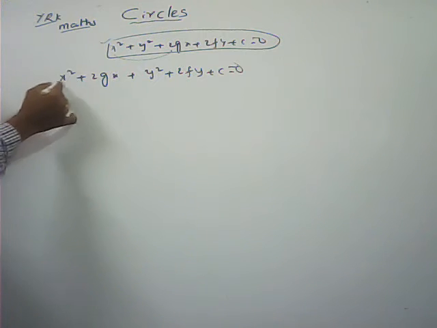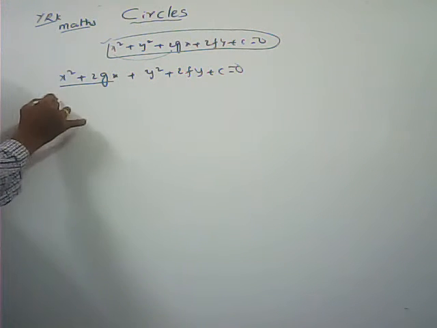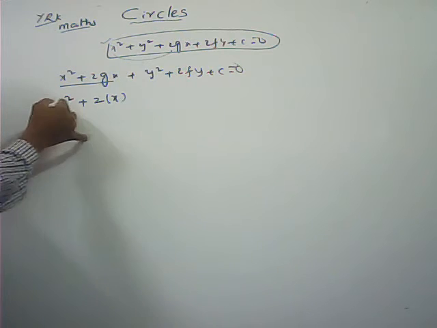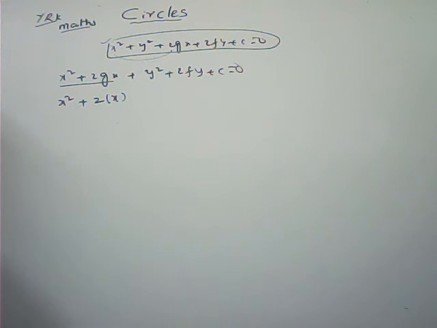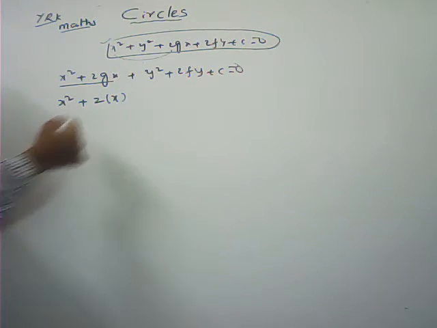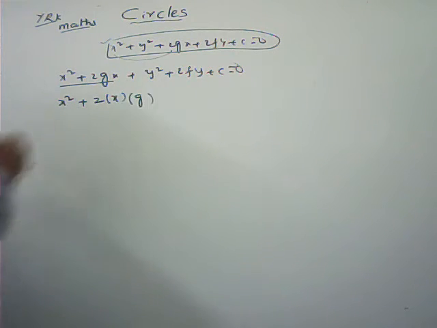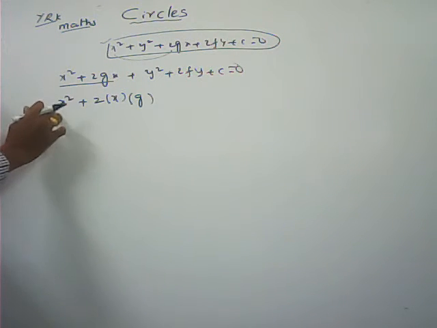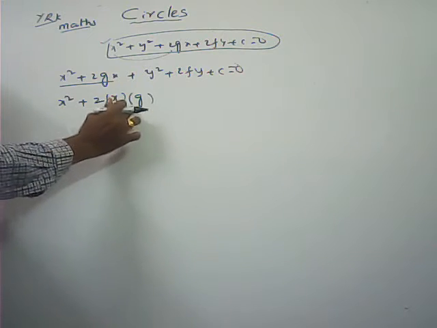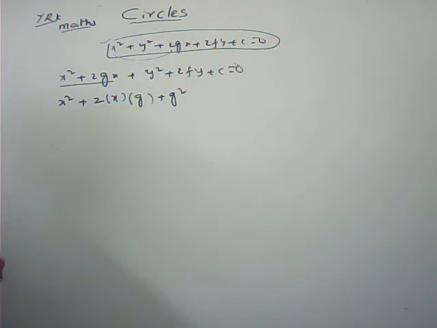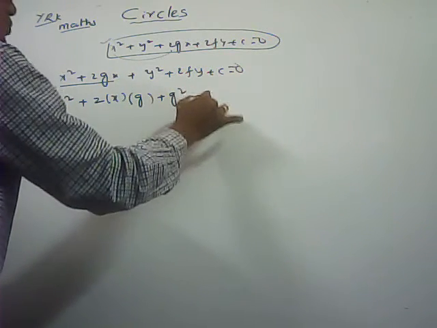This is in the form of a square plus 2ab, x square plus 2, in the place of a, x is there. What should be multiplied to get 2gx? g should be multiplied. To make it a perfect square, we need g square. Immediately we have to balance that one, minus g square.